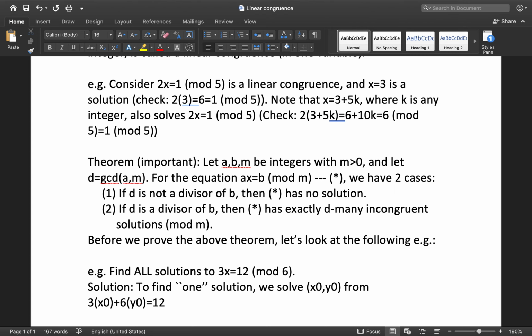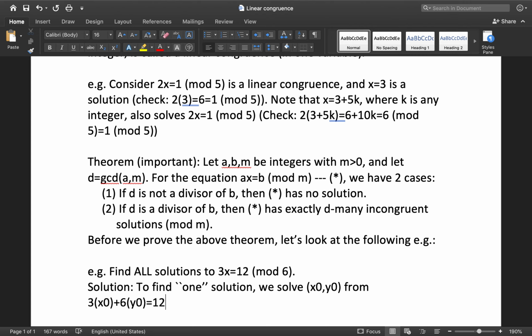So why do we have to solve it? Because if you have a solution for that linear Diophantine equation, which actually gives two values, x0 and y0, you can discard the y0, because we only need x0.